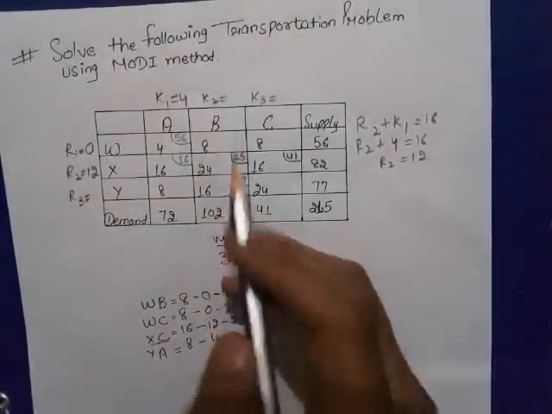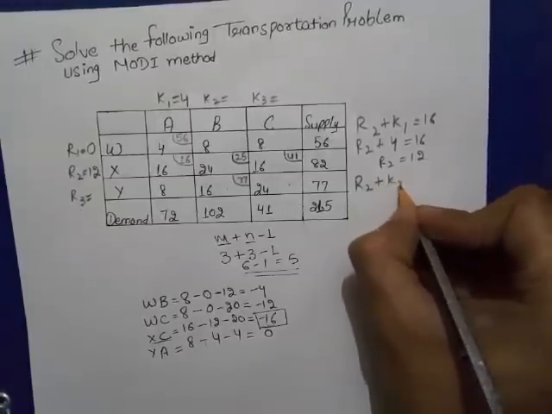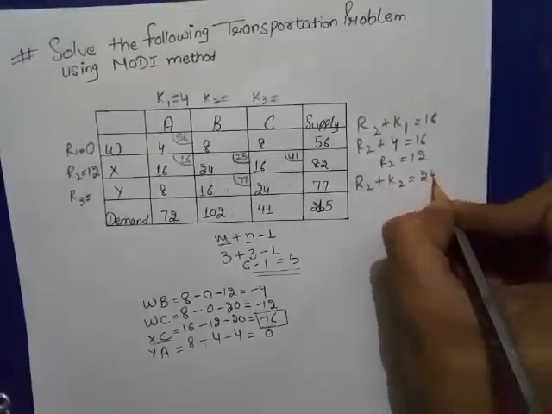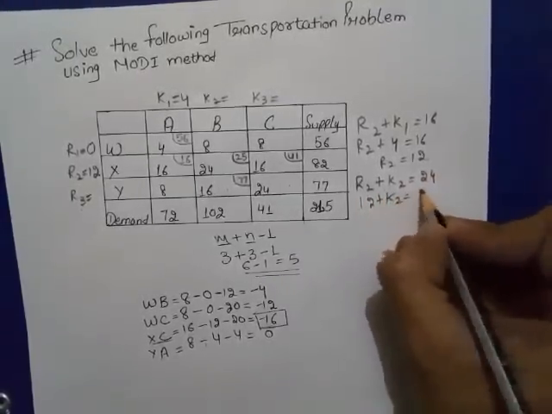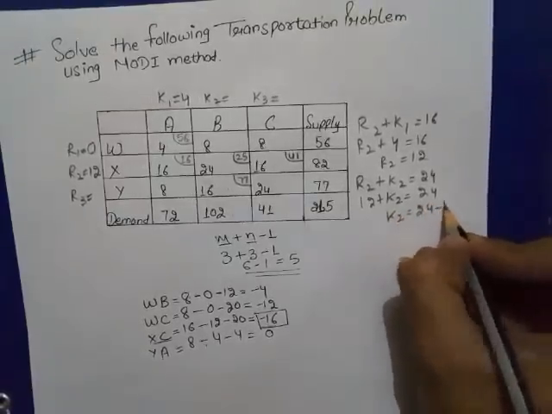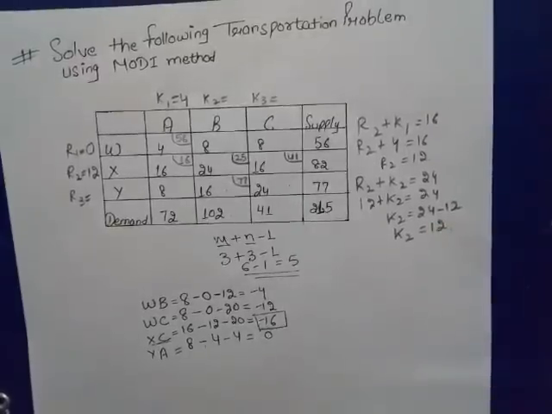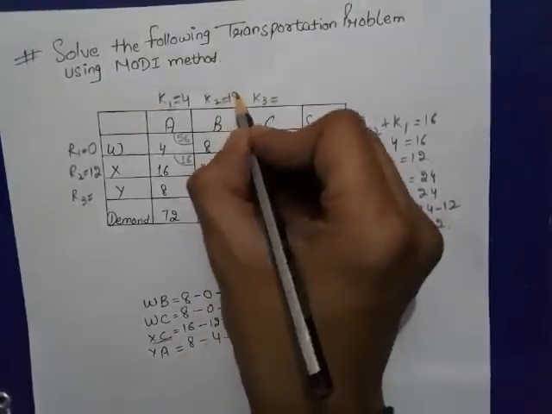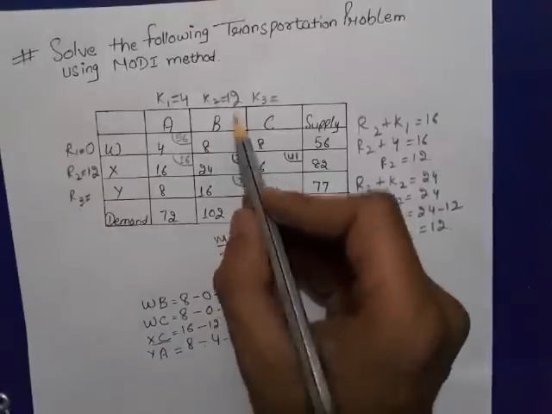Now calculate the value of K2. R2 plus K2 is equal to 24. The value of K2 is unknown, so K2 is equal to 12. After that calculate the value of R3.